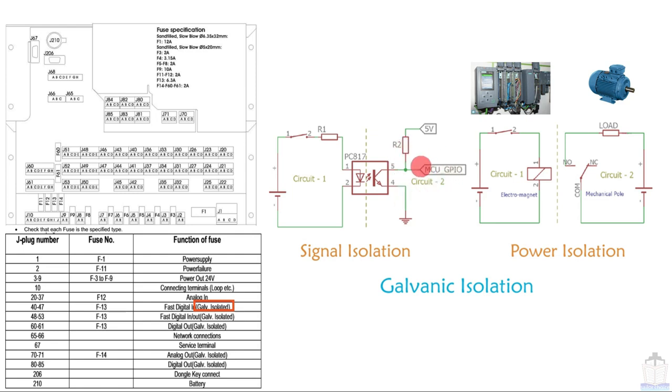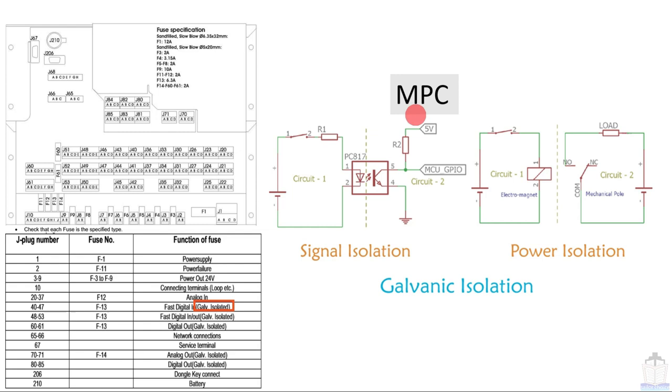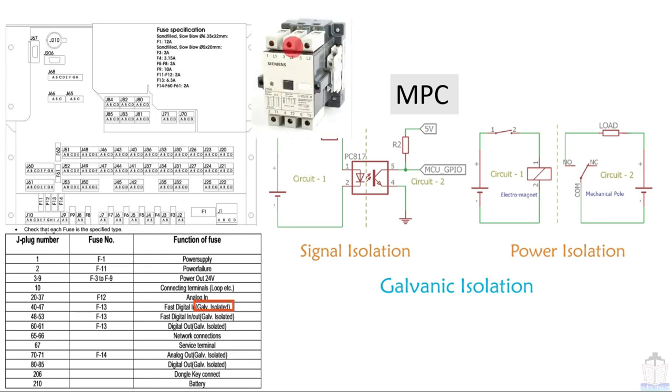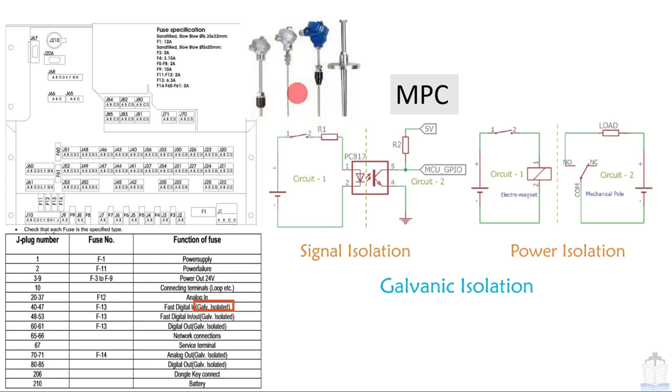So this part is representing the MPC and this part is representing various sorts of digital or analog inputs. For example, this is the pressure transmitter, it is representing analog inputs. This is the magnetic contactor, this represents digital inputs. This is a float sensor, so this one is a digital input.